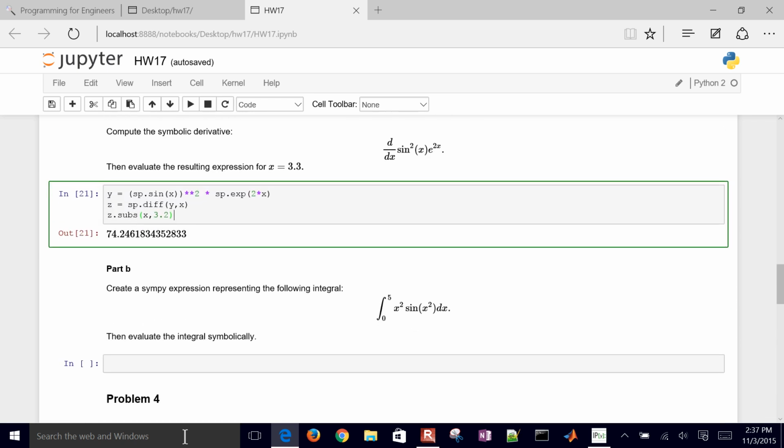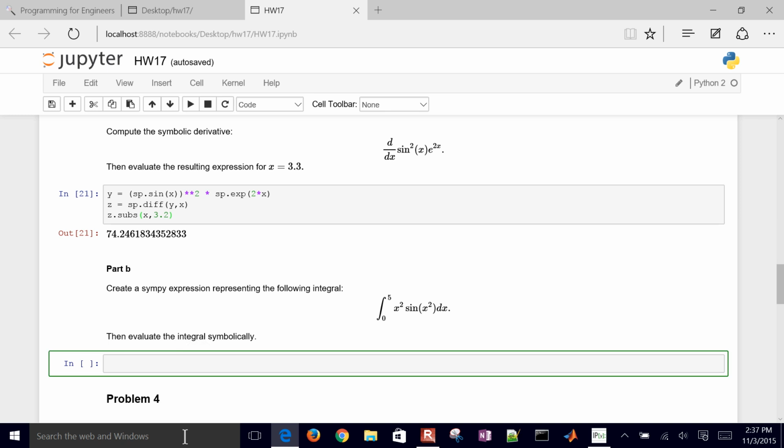Okay, so let's go on to the integral now. We want to evaluate this integral symbolically. Let me go ahead and create a new function. I'll call this y, or I can call it f, is x squared times, I'll do the SymPy sine of x squared.